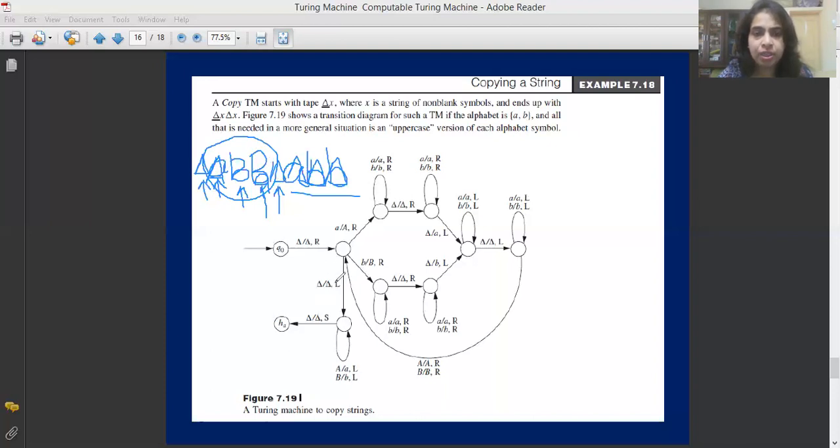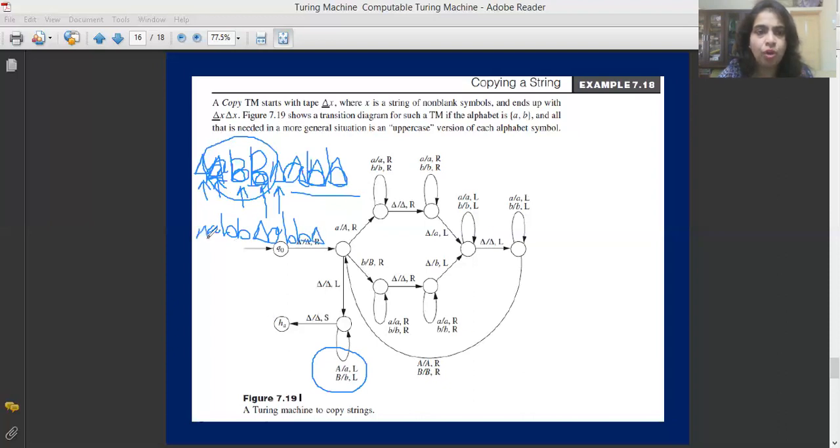You can see here it's written move towards left. And while moving towards left, all capital A's will be converted into small a and all capital B's will be converted into small b. So this will be converted back to small b, this again back to small b, and this again to small a. So ultimately you have a double b, a blank in between, and another a double b on the tape.